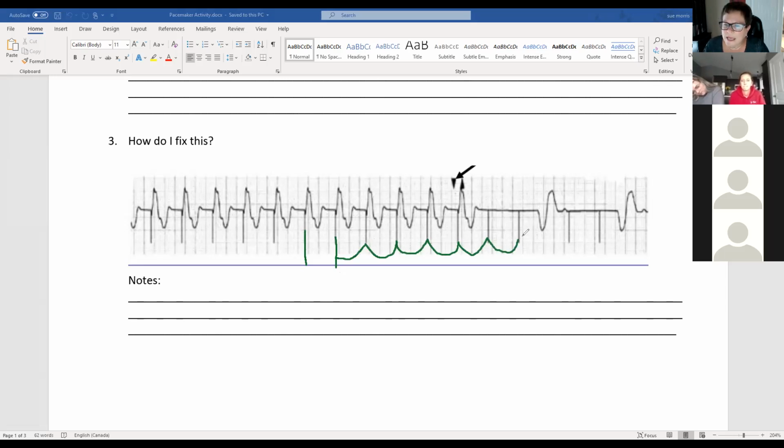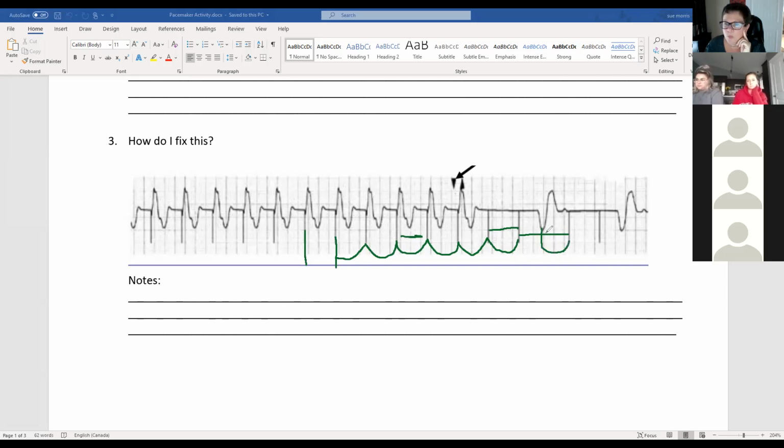And then people say to me, but look at the long gap between here and here. I said, yes, but you have to remember the definition of a pacing interval. It is the distance between 2 paced beats, or the distance between a sensed beat and a paced beat.